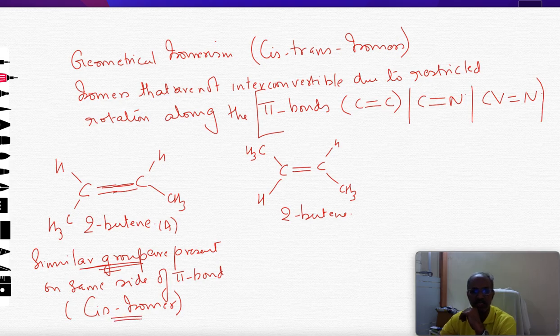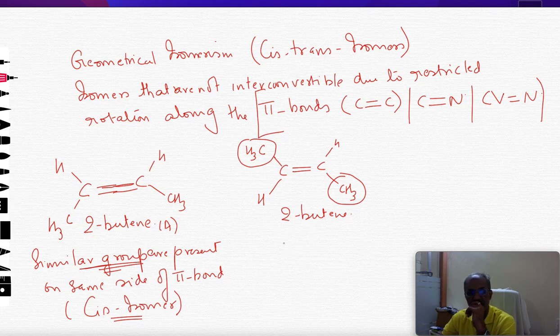In this case, the similar groups are attached on the opposite side, right? Not on the same carbon atom. Once again I am saying, not on the same carbon atom, but on the opposite, I mean on the adjacent carbon atom.